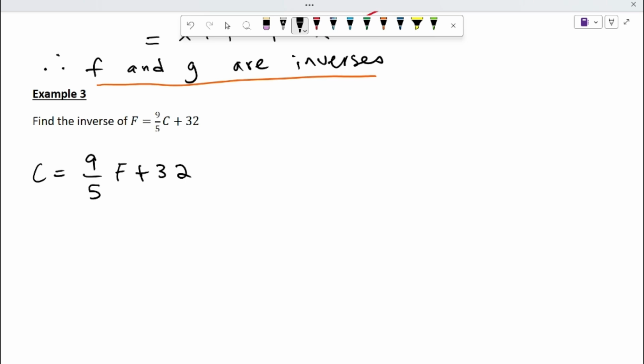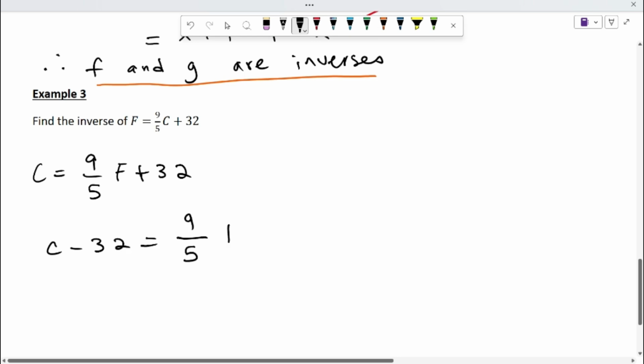So let's do that. If I move the 32 over to the left side, I get c minus 32 equals 9/5 f. So now I can multiply both sides by 5. The 5's cancel here, so I get 5 times (c minus 32) equals 9f. And my last step is to divide by 9 on both sides.